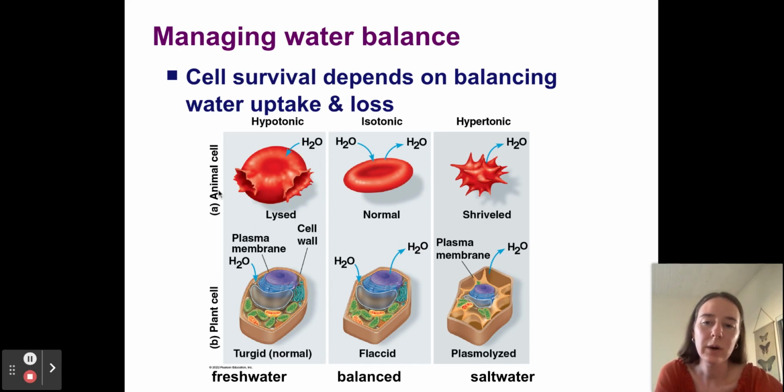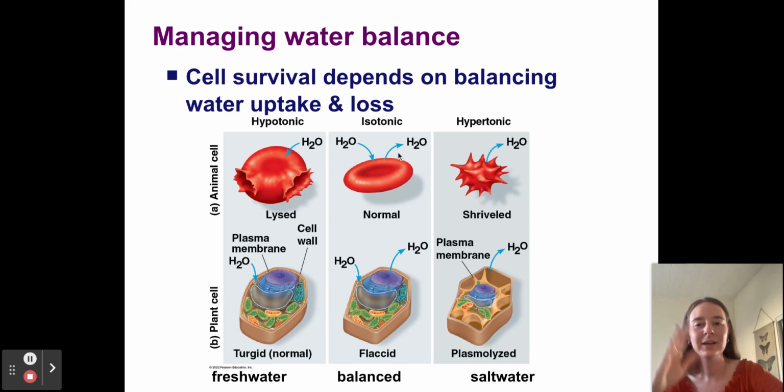So if there's a lower concentration of solute outside the cell compared to inside the cell, what direction is water going to move? Let's say there's more water outside the cell versus inside the cell. Remember, water moves from a high concentration of water to a low concentration of water. And so water will go into the cell, and the cell will become lysed. It will basically burst apart. It will expand so much like a water balloon that it will break apart.